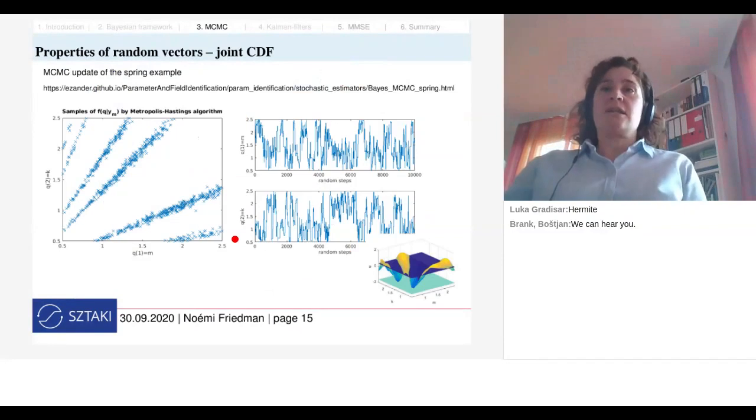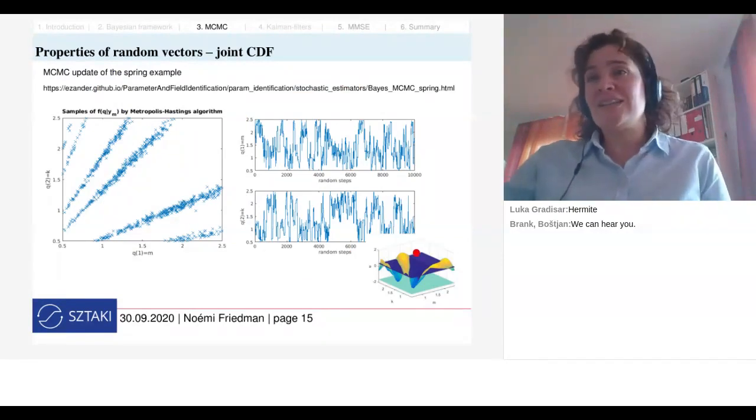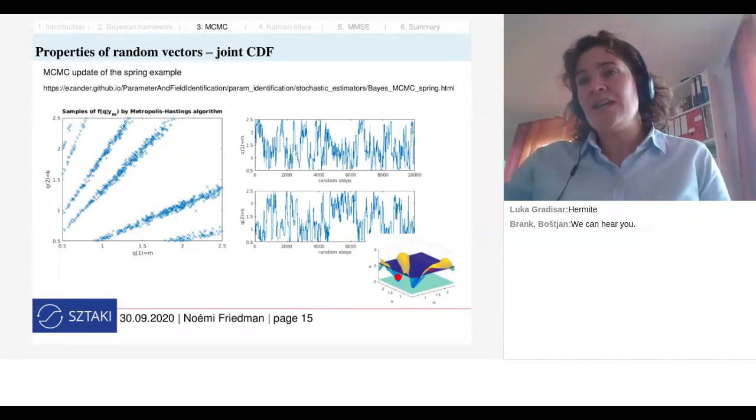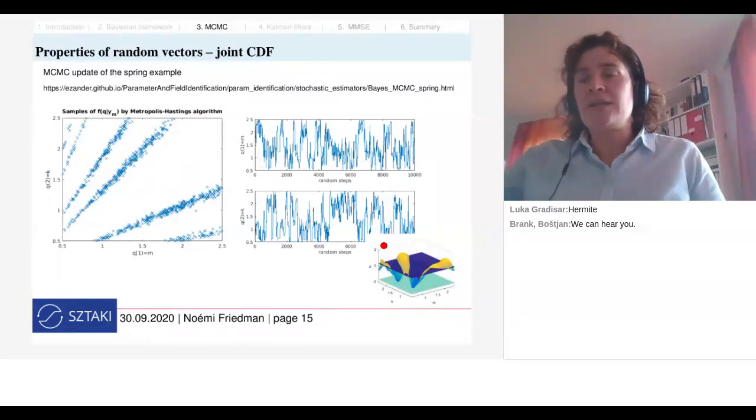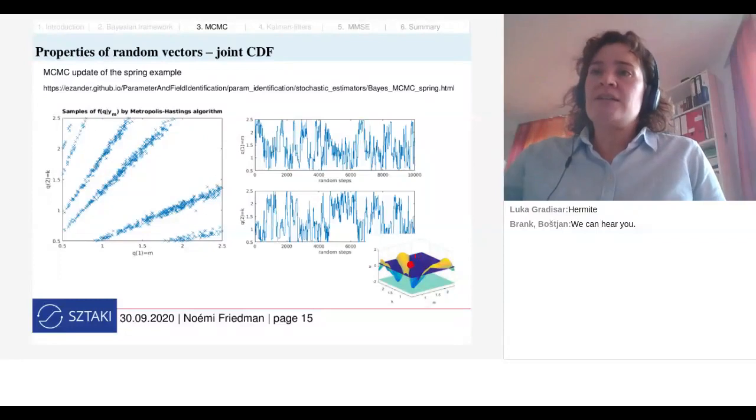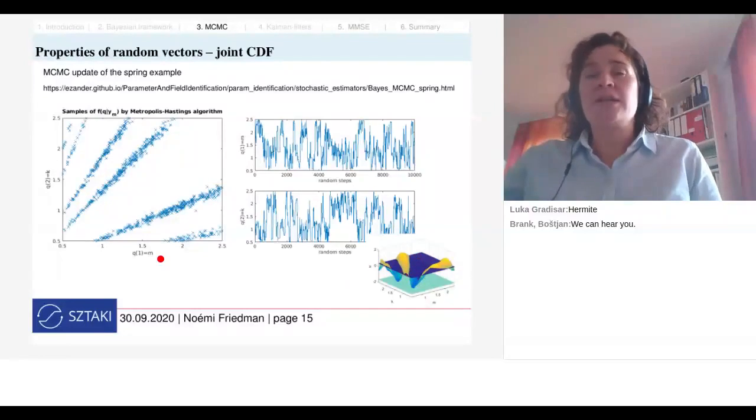Okay, and this is another example for the spring, and you can see that this was the response surface. So as I explained, if I have one measurement of the displacement, here this is the stiffness, this is the mass, and this is how the displacement of the mass depends at a certain time on the values of K and M. And if I measure a certain value, then you see this plane, and you can see that there are several values of K and M that can result in the same displacement.